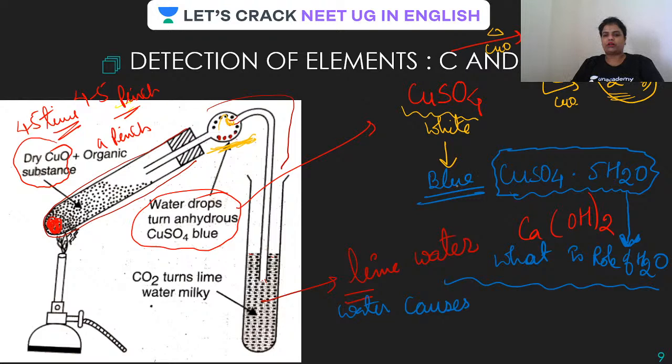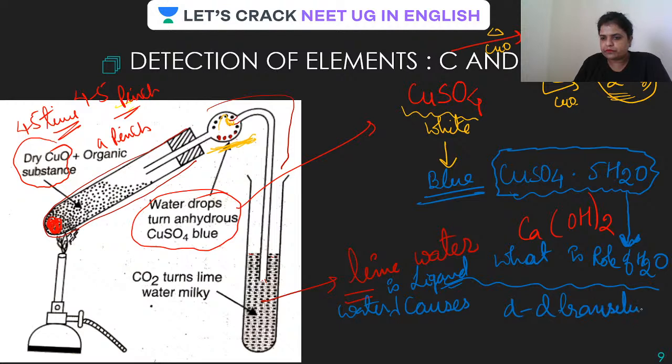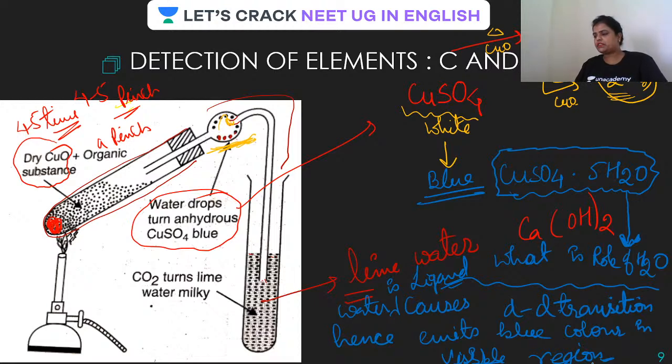So what is the role of water, guys? This water acts as a ligand. Water is the ligand here, and we know that this particular ligand causes d-d transition, and hence emits blue color in the visible region, and therefore this appears blue to us.